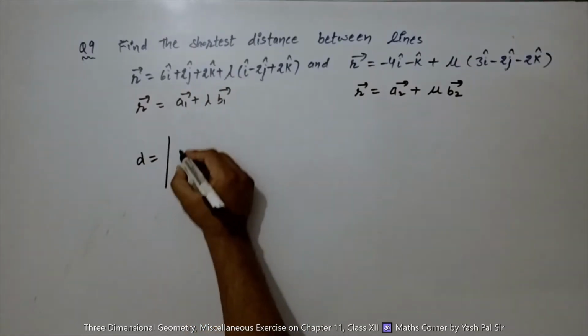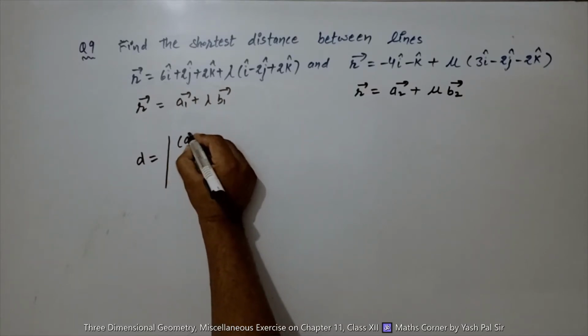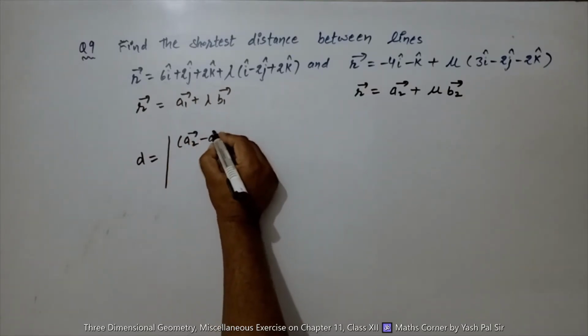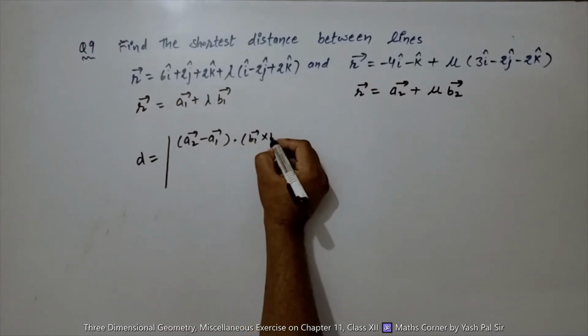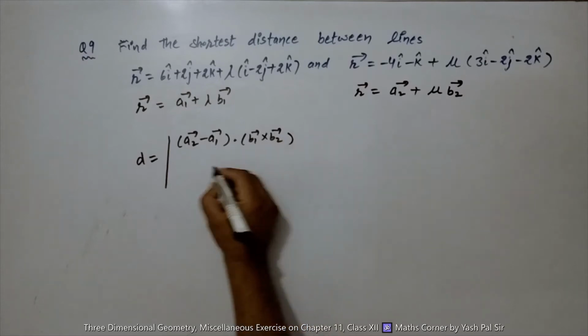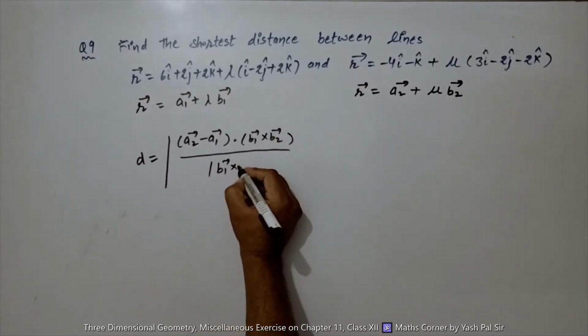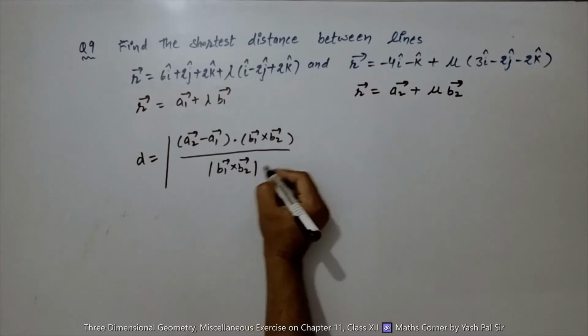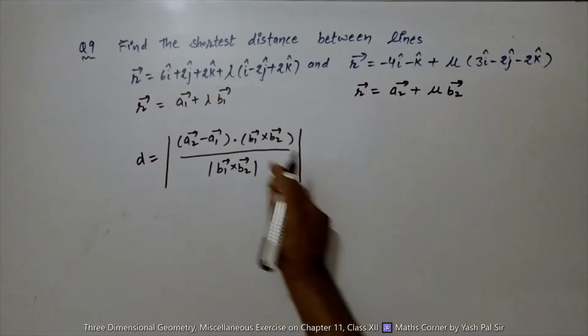Shortest distance, the formula is the modulus of (vector a2 minus a1) dot product (b1 cross b2), divided by the magnitude of b1 cross b2, right?